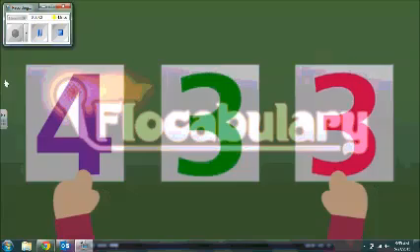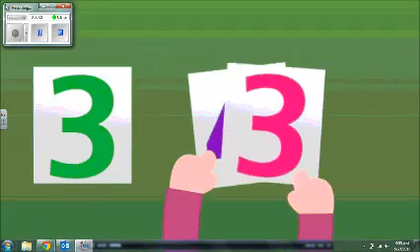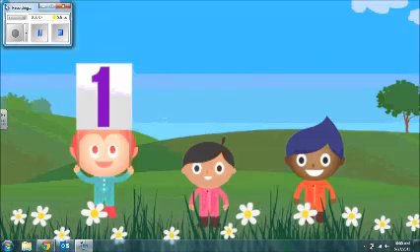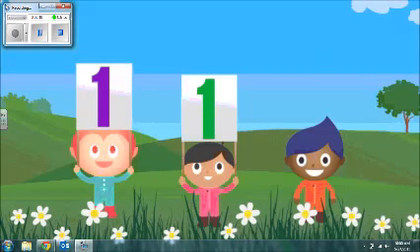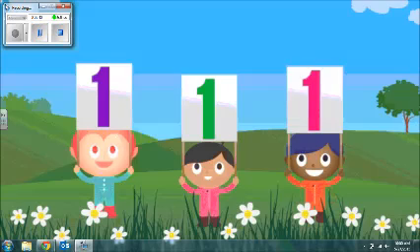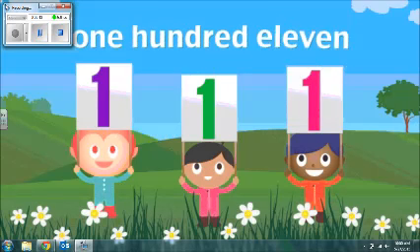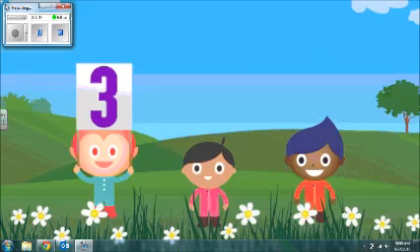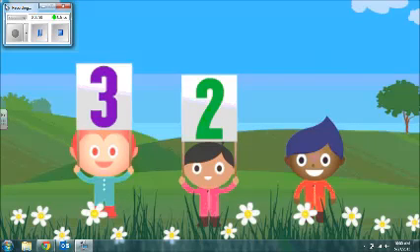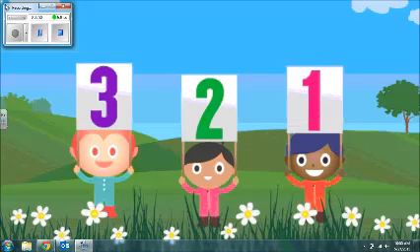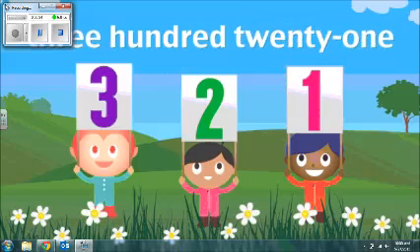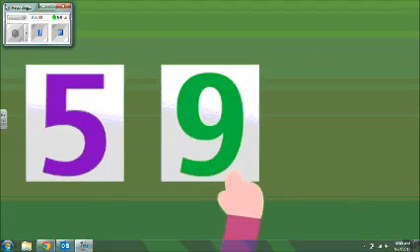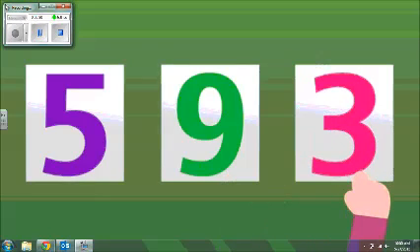You know, numbers change when you move them around. Listen, you could have a 1 in the hundreds place, and a 1 in the tens place, and a 1 in the ones place. That's 111. You could have a 3 in the hundreds place, and a 2 in the tens place, and a 1 in the ones place. That's 321. You could have a 5 in the hundreds place, and a 9 in the tens place, and a 3 in the ones place.